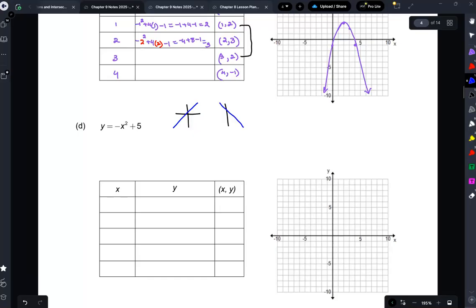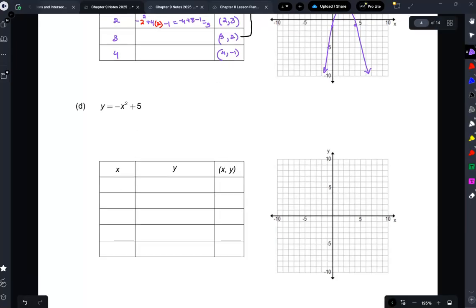Now I'm just going to start one thing here, and then you're going to do the rest on your own for this one. What is A here? Negative 1. What is B here? 0. Why 0? Because there's no x there. So y equals ax squared plus bx plus c.